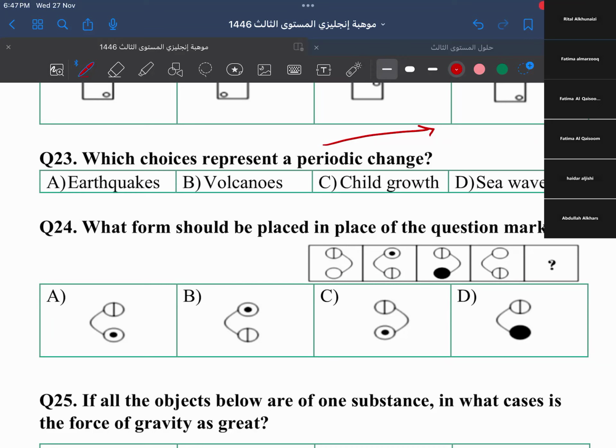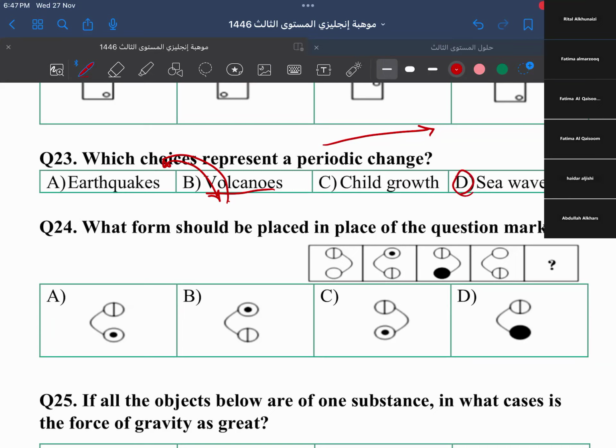Yeah, so here also volcanoes are considered non-periodic. But you have a valid point that the magma starts coming out, but does it come down again? Not necessarily, right? So the answer here would be sea waves.